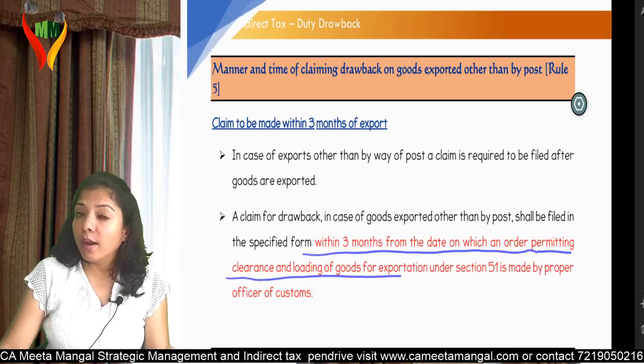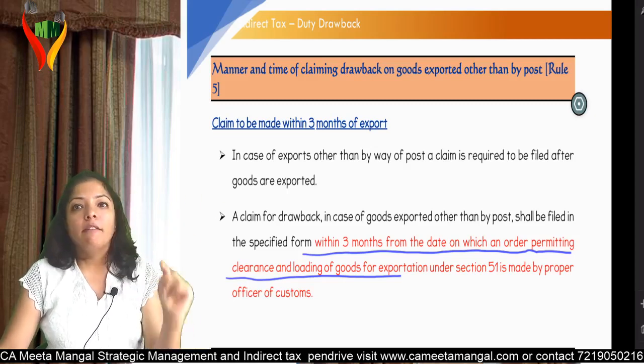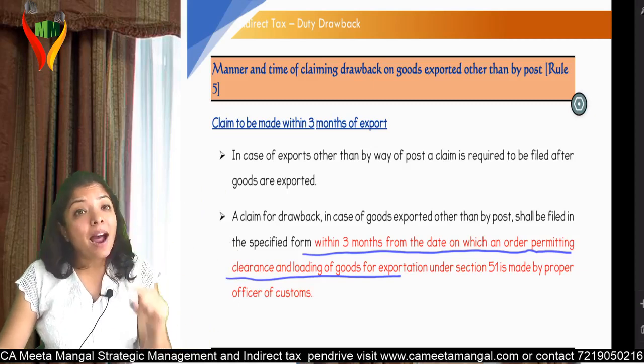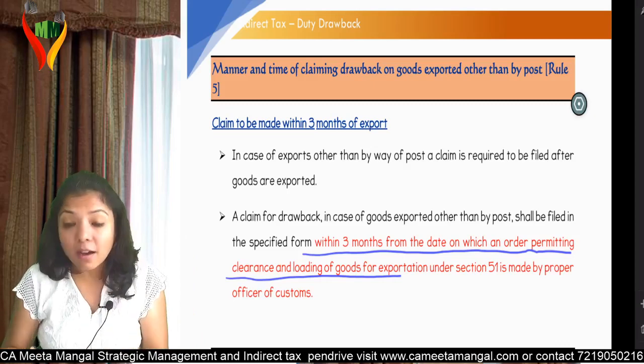Under section 51, I'll be getting the let export order, let ship order. We've already studied export procedure. From that day, within 3 months, I'll have to make a claim.